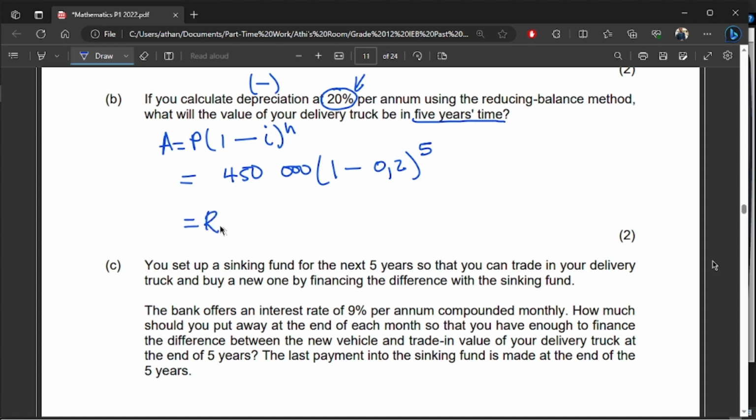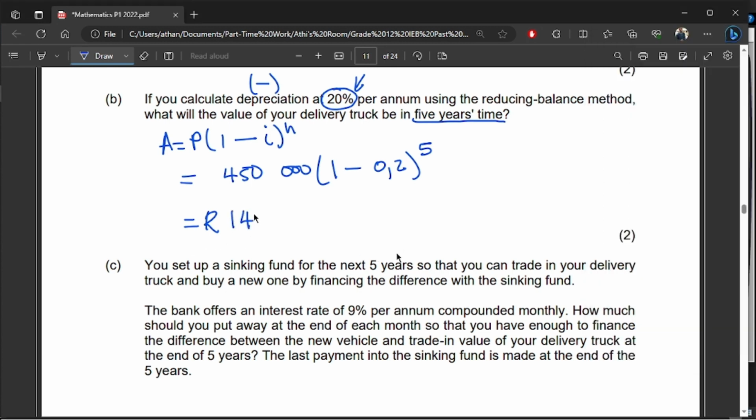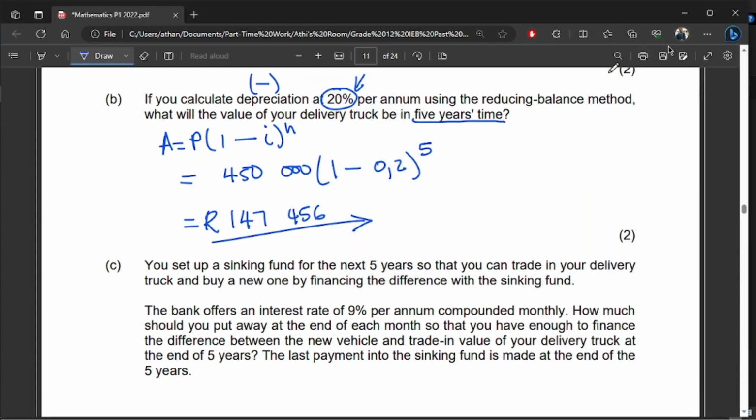And then at the end of 5 years, if that car depreciates at that percentage, remember we have to replace the plus with the minus. That means at the end of 5 years, the truck would have gone down to 147,456 rands. Yes, that's it.